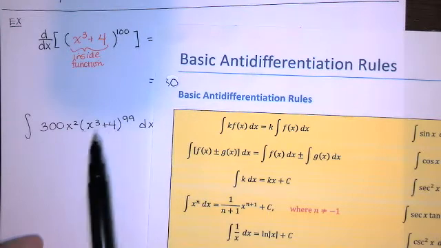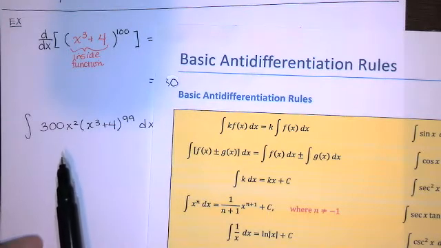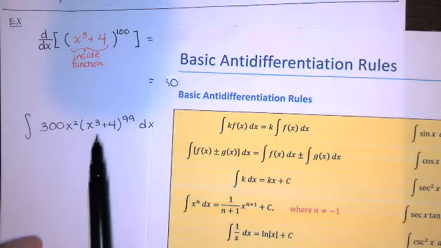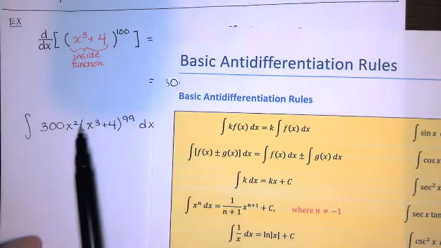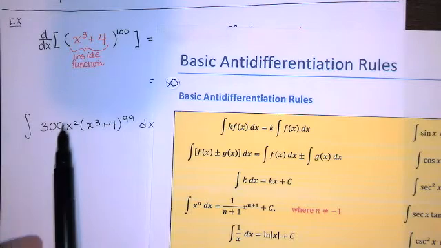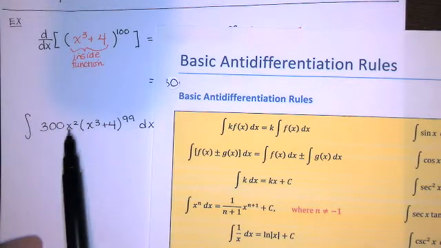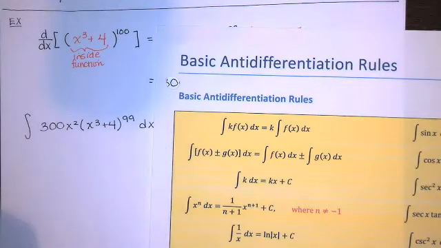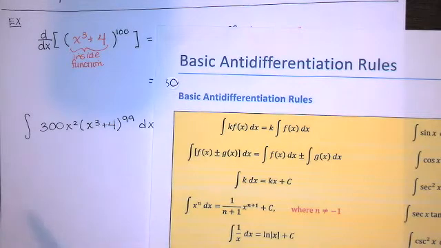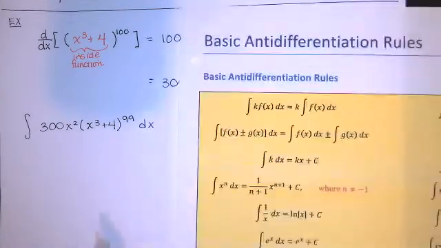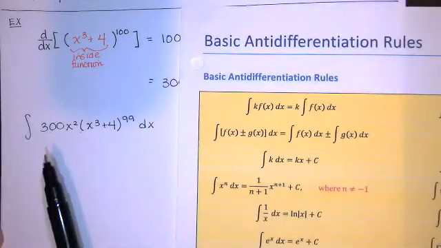I guess I could write that 99 times and distribute, but that would be a lot of distribution. And then eventually when we're done, we distribute the 300x squared through. And then we have this very, very long polynomial and we anti-differentiate term by term. We could do that. But there is a better way.